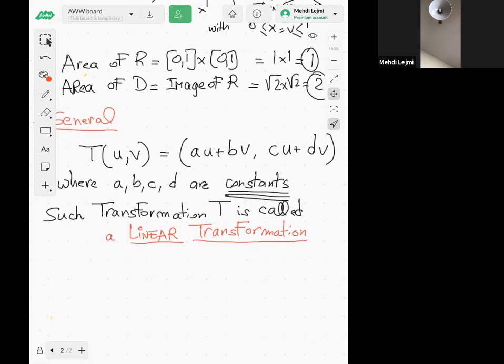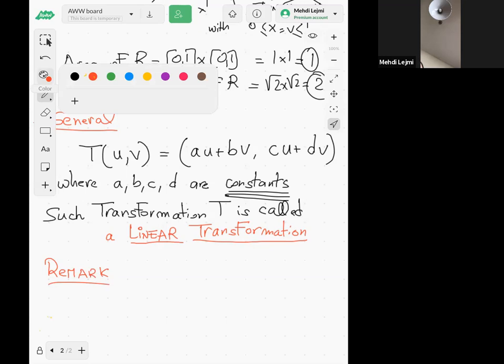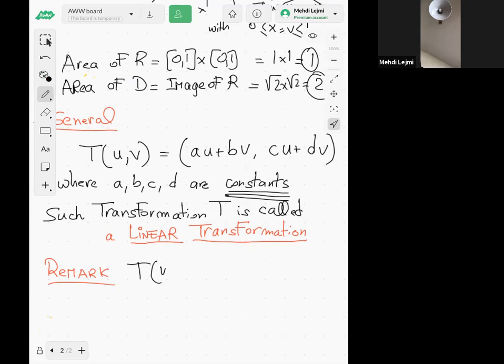And actually, I don't know if you did some linear algebra, but you can write this transformation T of (u, v) as the matrix [a, b; c, d] times the column (u, v).